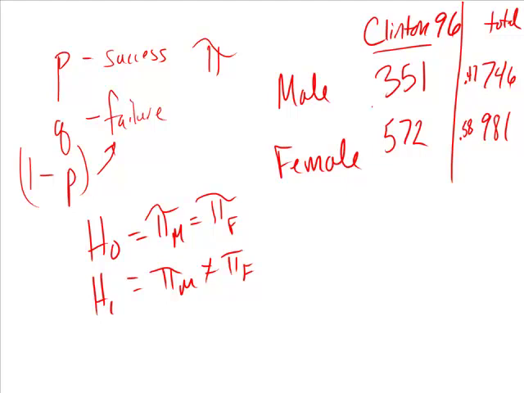This is a difference of proportions test. It's very similar to a chi-square. But remember, a chi-square is preferred when you have nominal data.